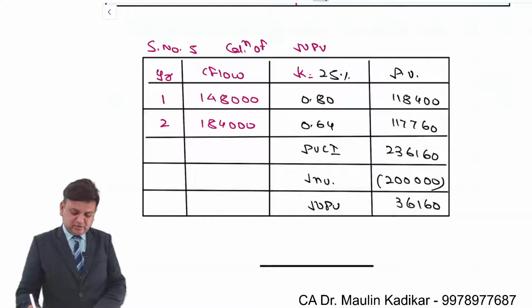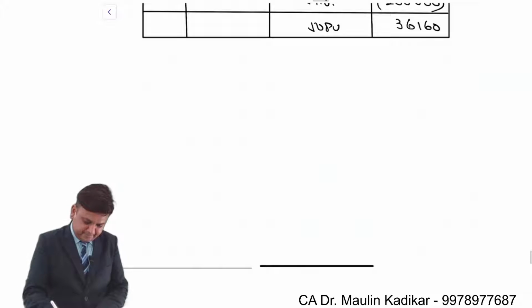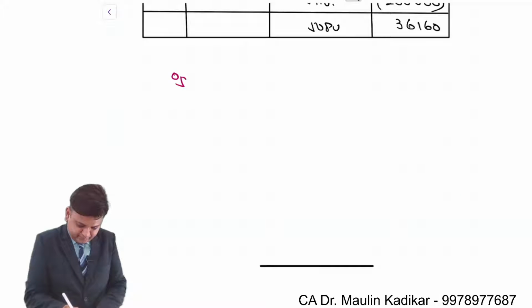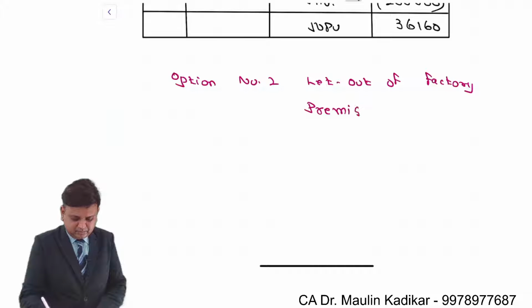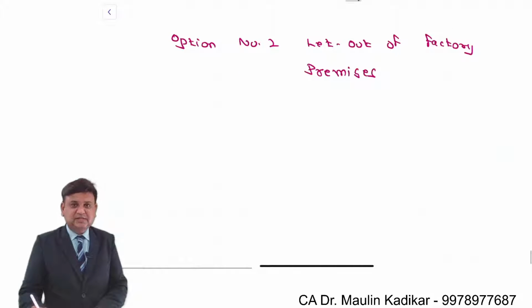Now let us see option number 2, let out of factory premises. So let us understand how to make the calculation of the answer.